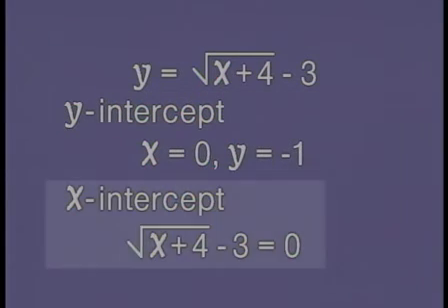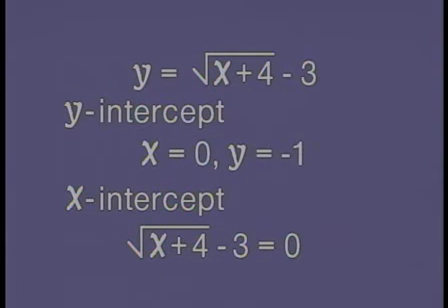Then we look for the x-intercept or x-intercepts. In this case, as in all cases, the x-intercepts occur when we set the function equal to 0. It's the values of x that make the function 0. So this is why we had to be able to solve square root equations. So back to the visual, at the x-intercept, we take the equation, the square root of x plus 4 minus 3, and set it equal to 0.